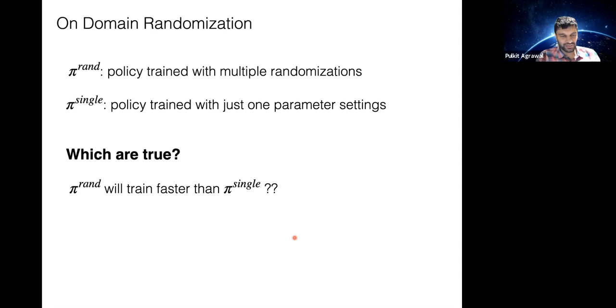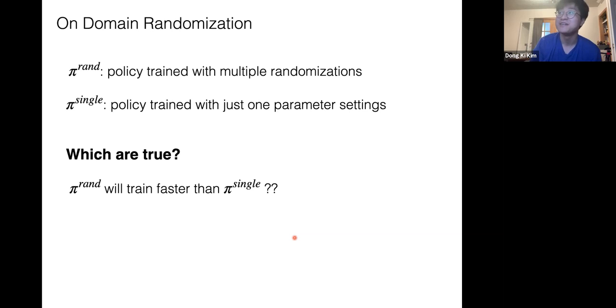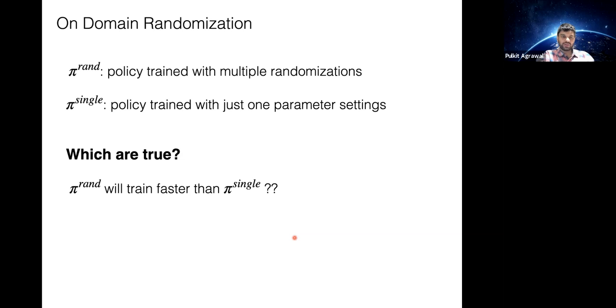So maybe one of the people who voted no, do you want to comment on why PyRAND will train slower? Because the policy has to generalize to a lot of the parameters, so it's likely that it's going to take more time, I guess. Right.